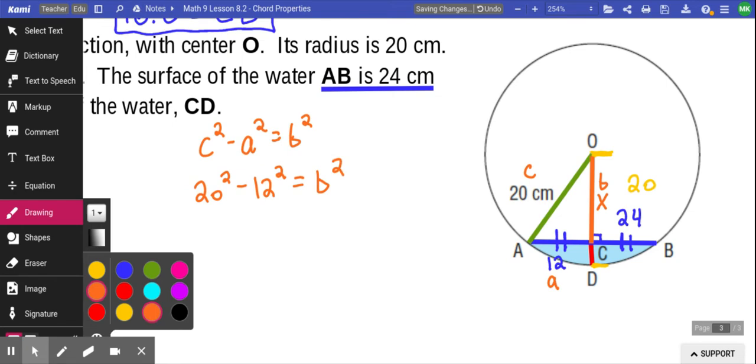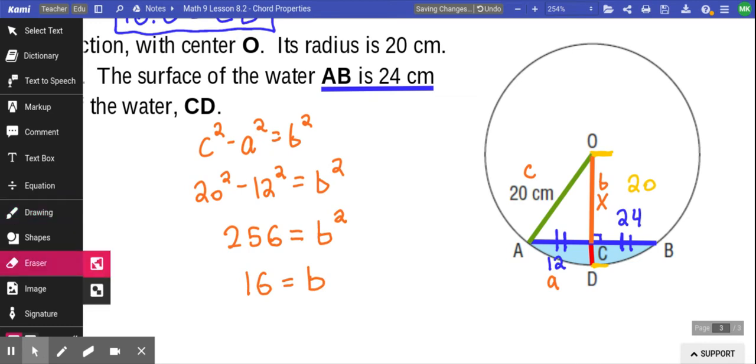You put 20 squared minus 12 squared in your calculator, and you get 256, which should equal B squared. Uh-oh, my computer is slowing down really bad here. You square root that answer, so the square root of 256 is exactly 16 equals B. What we just found was that this side length is 16.